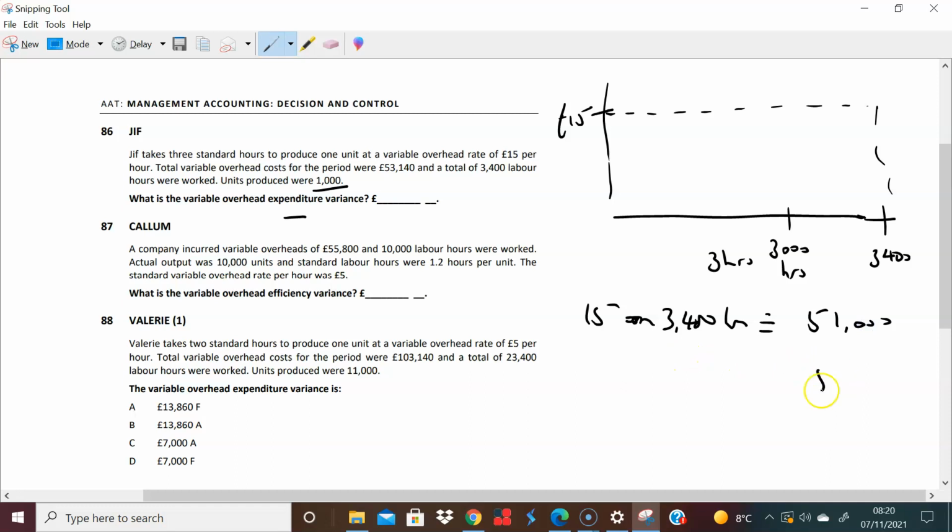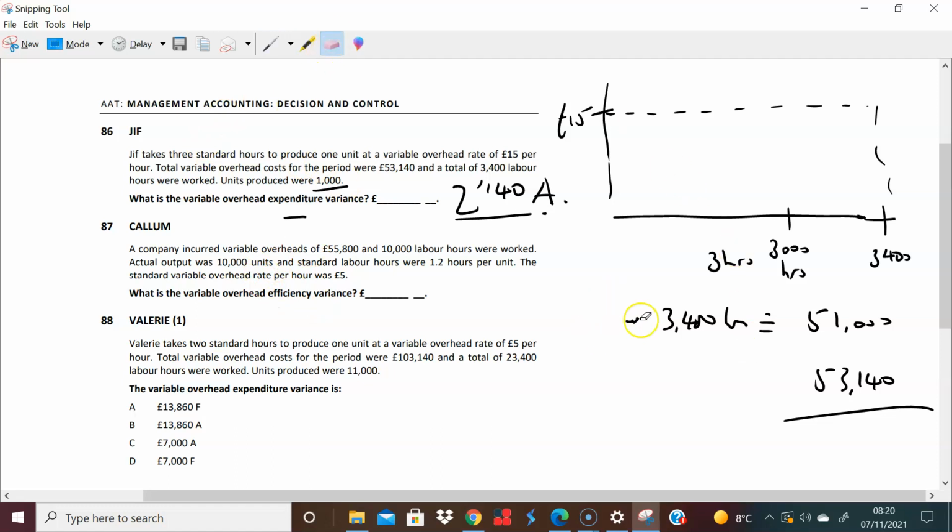It says that you spent 53,140, and therefore we see straight away that you have an adverse expenditure variance of 2,140 adverse.